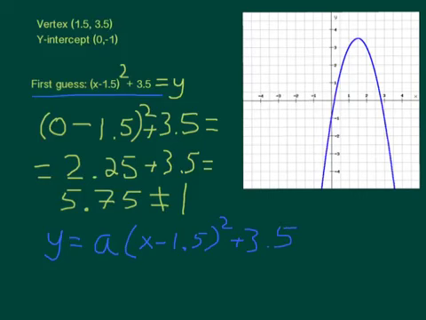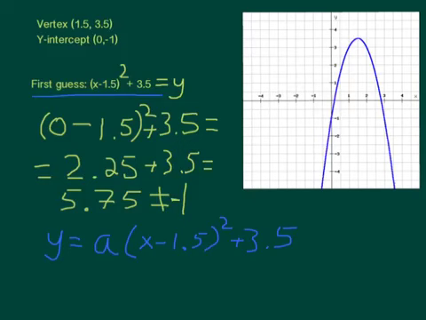We know that there must be some number here before it. What we're going to do again is plug in our y-intercept, (0, -1). That will give us a value of a.